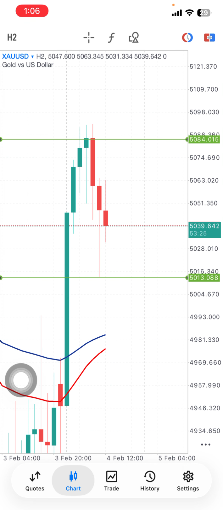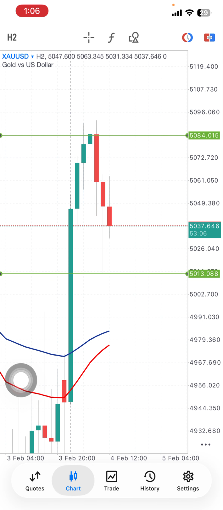And because of that fair value gap created in the 2-hour time frame, when the 4-hour candle was coming, it respected the 50% of the fair value gap that the market created in the 2-hour time frame.